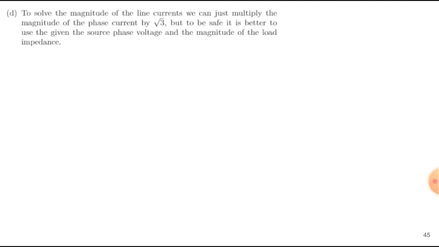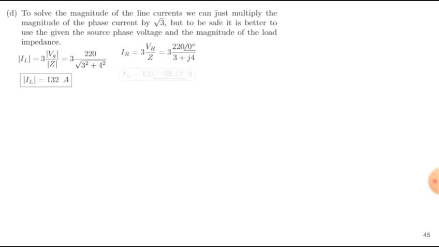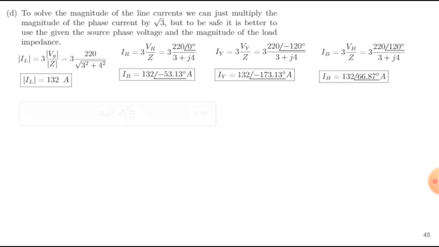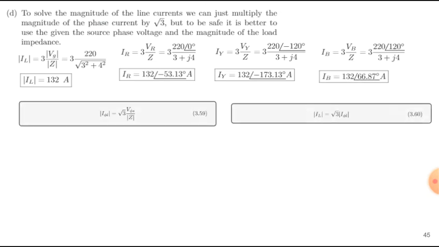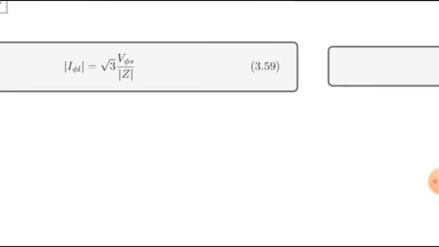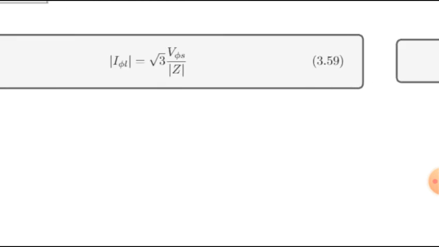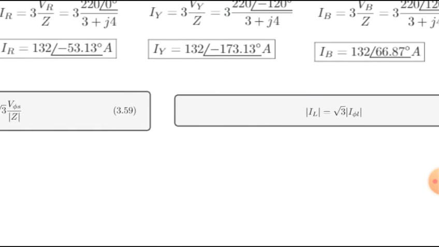And to solve for the magnitude of the line currents, we already solved the phase current. So next is for the line currents. We can just multiply it with the square root of 3. Or we can use another formula here. I have a formula: I phase at the load is equal to square root of 3 times the phase voltage at the source divided by the magnitude of the impedance, because we're talking about the magnitude.